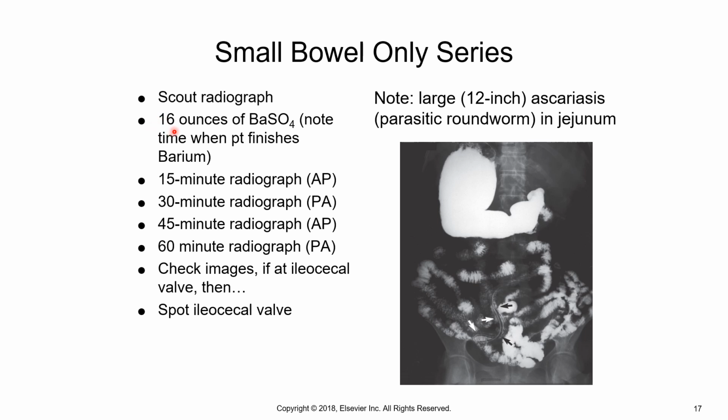The patient is then given 16 ounces of barium, and we have to note the time, write that down, when they finish drinking the barium. So typically when you give the patient the barium, you're asking them to drink that fairly quickly. I usually give them a maximum of 5 minutes to drink all 16 ounces.